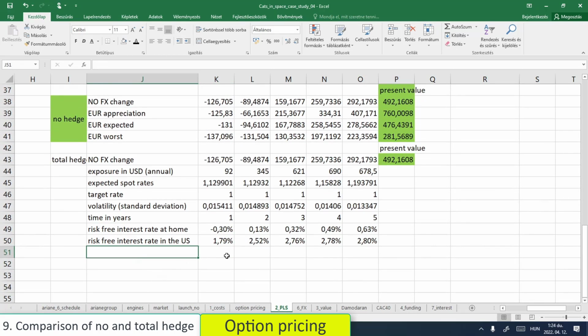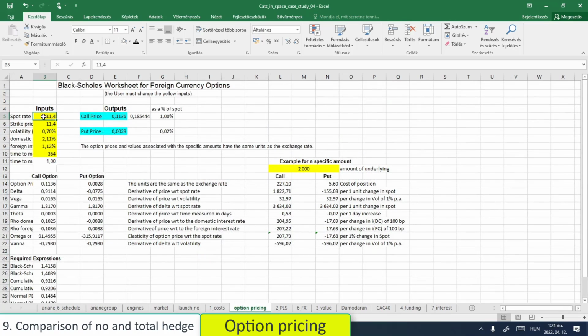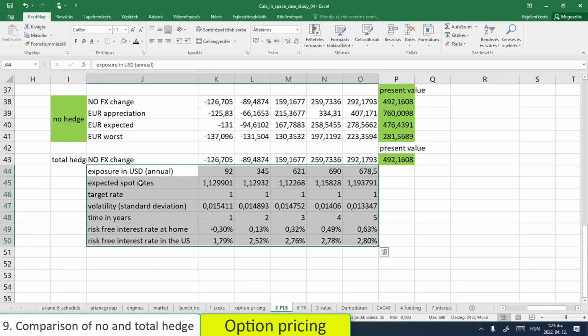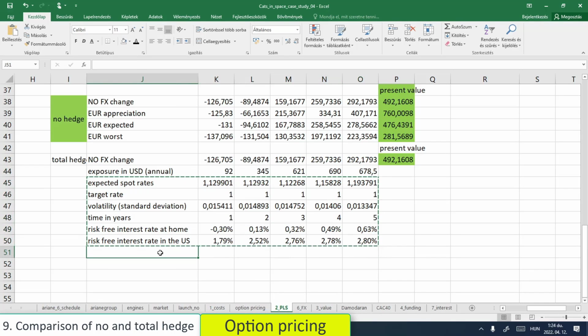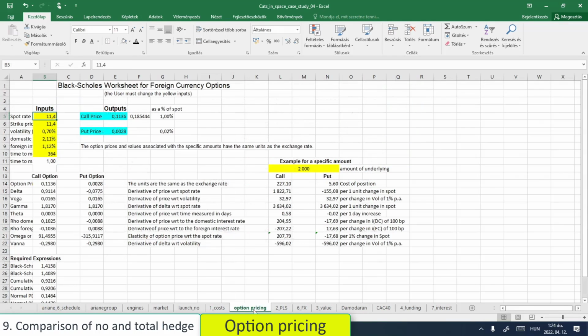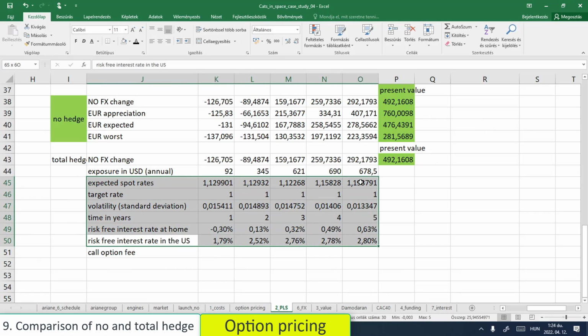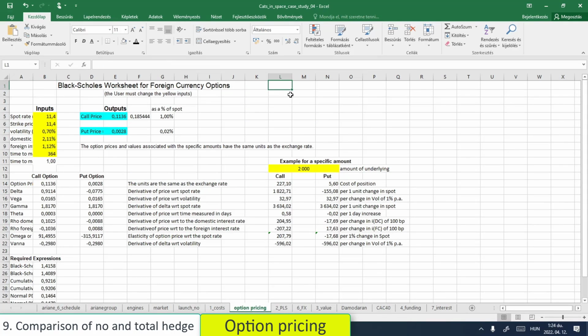Okay, and now we have everything for the options fee calculation. So we just have to add the numbers here. So this is a Black-Scholes calculator. It would be much more precise to call it Garman-Kohlhagen, but anyways.